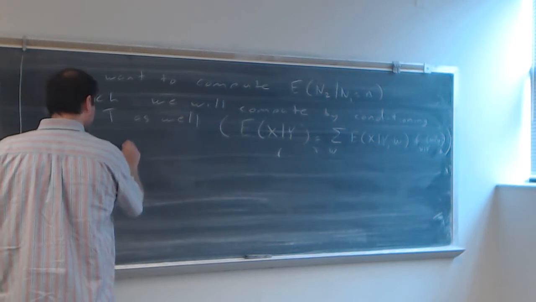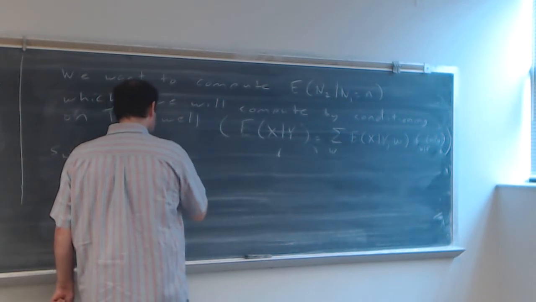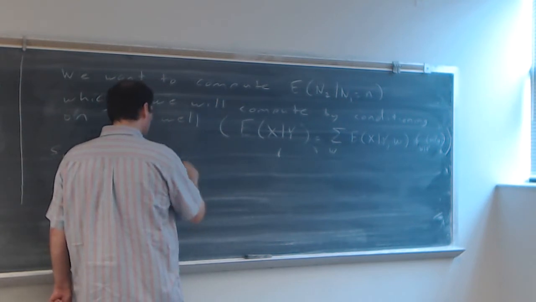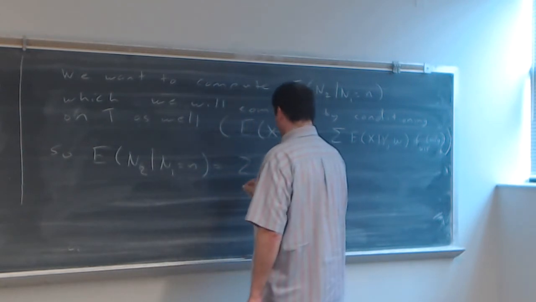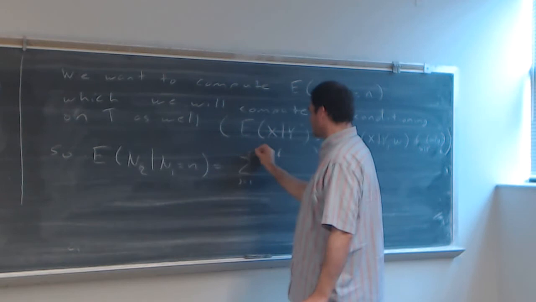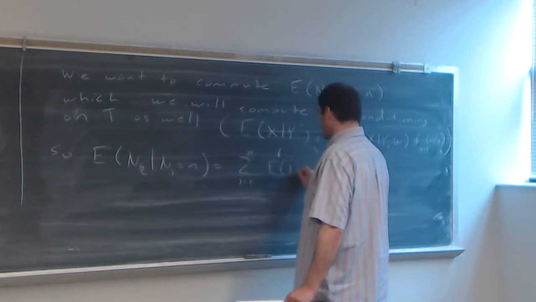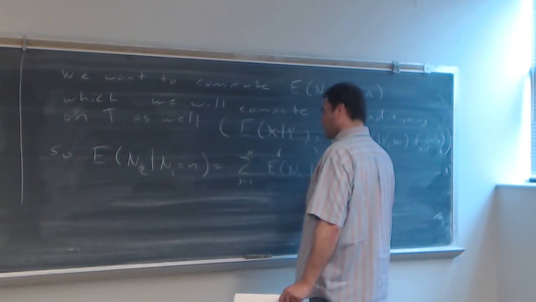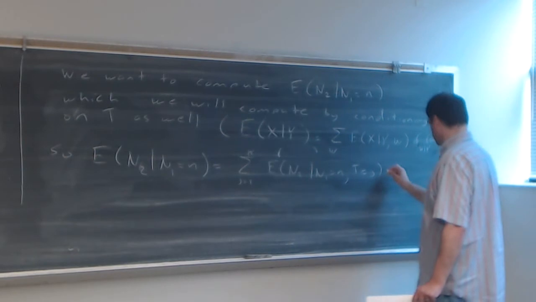So the expected value of N sub 2 given N sub 1 equals n is equal to the sum over all j's, j running from 1 to k, of the expected value of N sub 2 given N sub 1 equals n and T equals j.